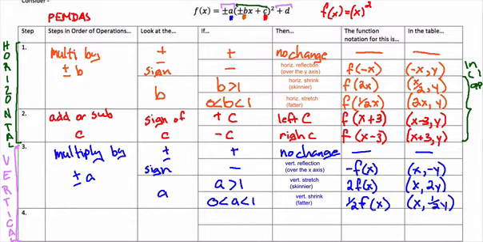All right, last transformation we're going to look at here is this one over here, so the d. So we're looking at what happens when we add or subtract d. So we want to look at the sign of d.